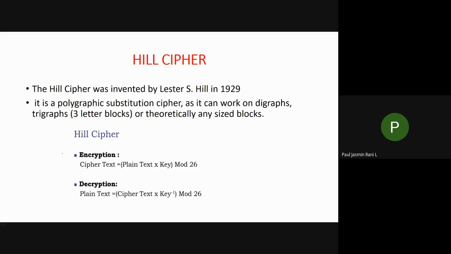We call it polyalphabetic or polygraphic because for a single alphabet you can have n number of substitution alphabets. Say, if you are substituting A with C, you can't say that for all the A you are going to substitute C. For A you may substitute C or you may substitute D. That is, you will have a polyalphabetic substitution for a single character. So this Hill cipher belongs to that category.